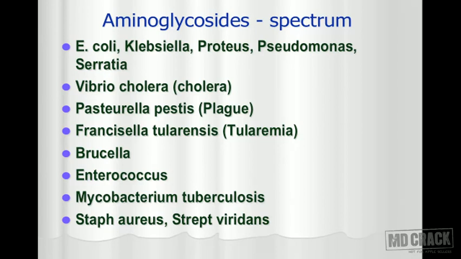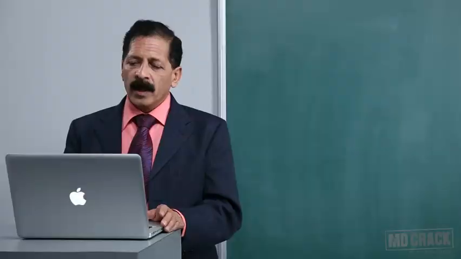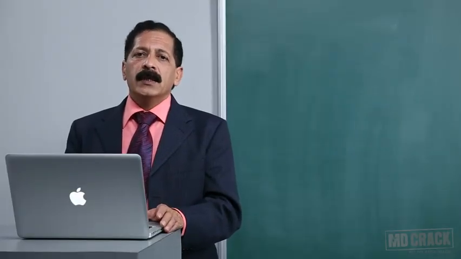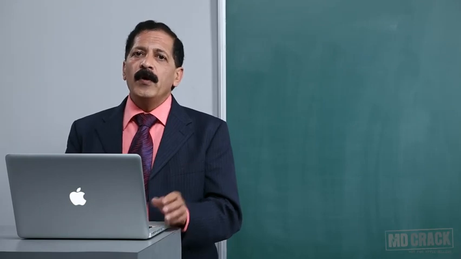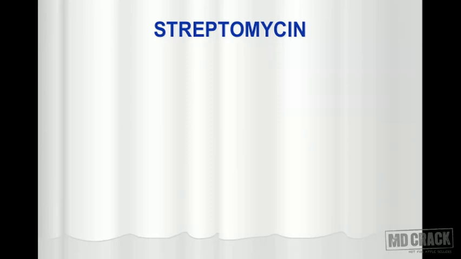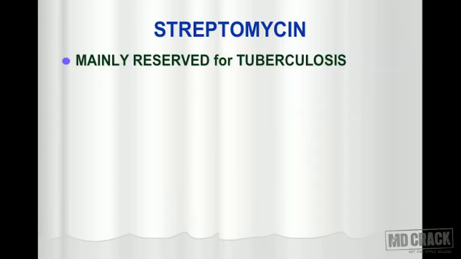But look at that, as you go down, they are able to inhibit the acid-fast bacilli, that's Mycobacterium tuberculosis, and two important gram-positive organisms, that's Staph aureus and Streptococcus viridans. So that's about the general spectrum of aminoglycosides, and we now start discussing a few important lines about each of the individual drugs. Have a look at the slide. The first one is Streptomycin.